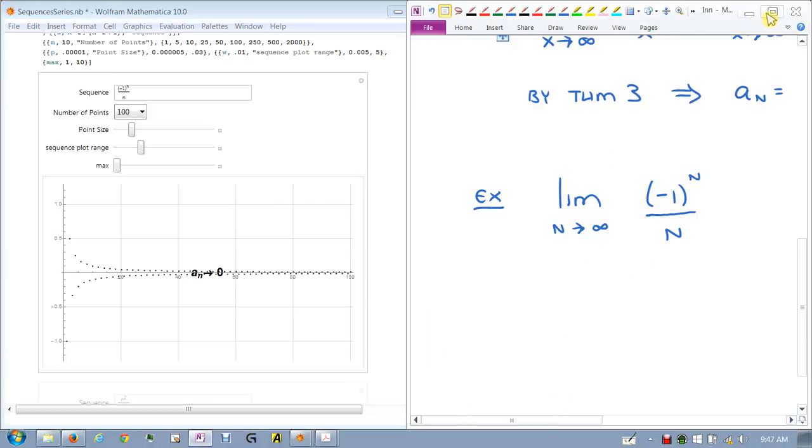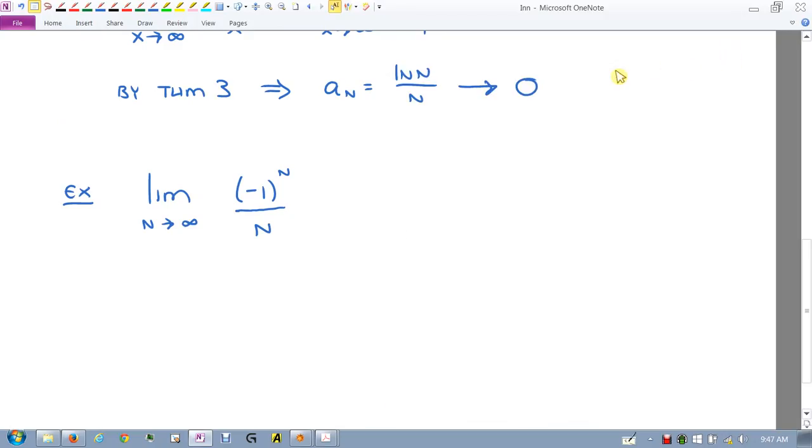I think you might be able to just reason, within your own mind, that the numerator here is what we would consider to be bounded. Do you agree the numerator is bounded? The biggest it's going to be is 1. Smallest it's going to be is -1. So it's always between those two values. Actually, it's one or the other. And then the bottom is headed to infinity.